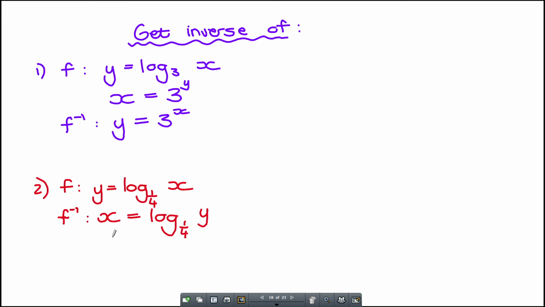So then the one in front of the log will be alone, so y is equal to 1/4 to the power of x. Okay. May we rewrite that quarter as 0.25? You can, yes.